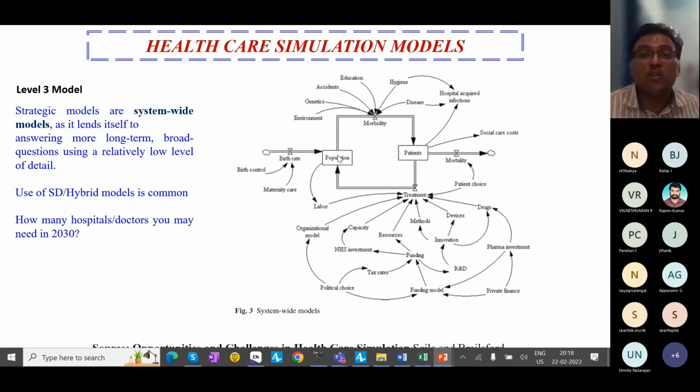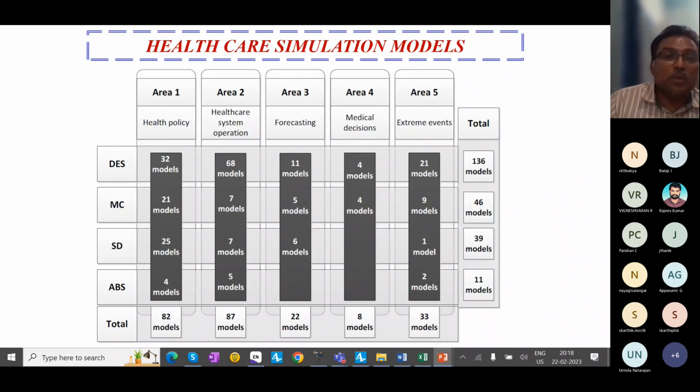Again, you can see what is the population, what is the morbidity, how morbidity is affected by so many factors, population is affected by what factor, how many patients will come, what will be the mortality. With reference to this, you will work out how many doctors or hospitals you may need, that you can project. This is a kind of model. We are not going to give much attention to this model, although I can share some details about it.